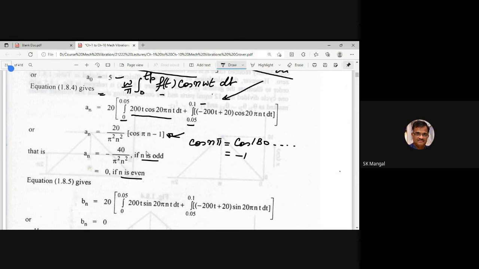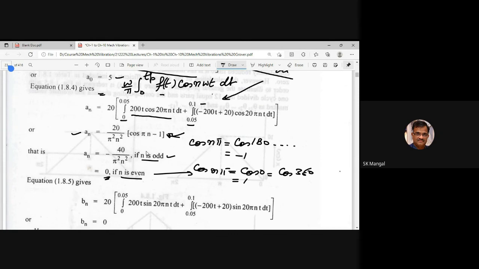So you are having this equation. When n is even, then you are having cos 0, cos 360 and so on, it becomes 1. So you are having a 0 value here. So only for odd numbers a n will be there, while for even numbers of n, a n will be vanishing.